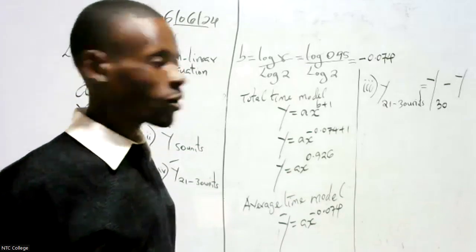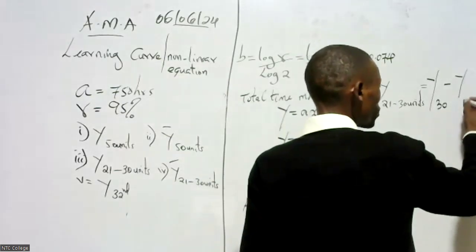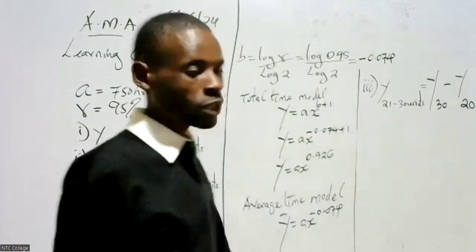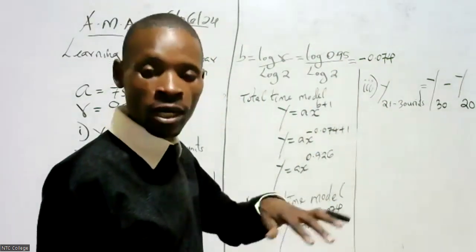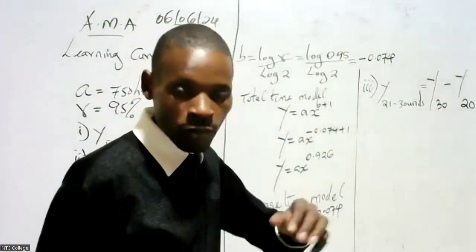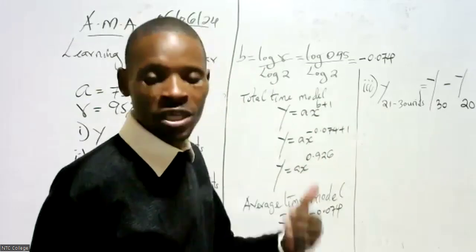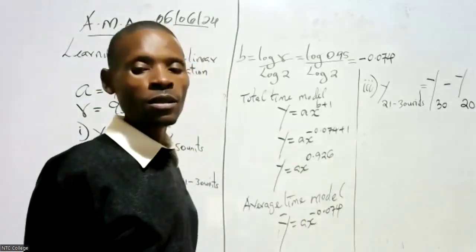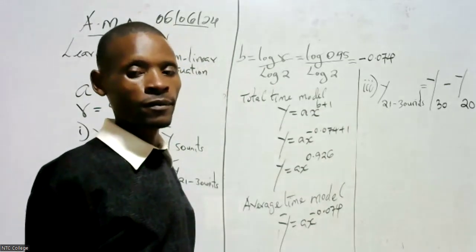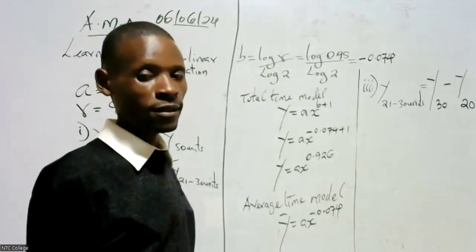You take total time to produce 30 units, you less total time to produce 20 units, because the 21st unit is also included in my analysis. I want 21 to 30. So I take total time to produce 30 units less total time to produce 20 units. Is that point clear?